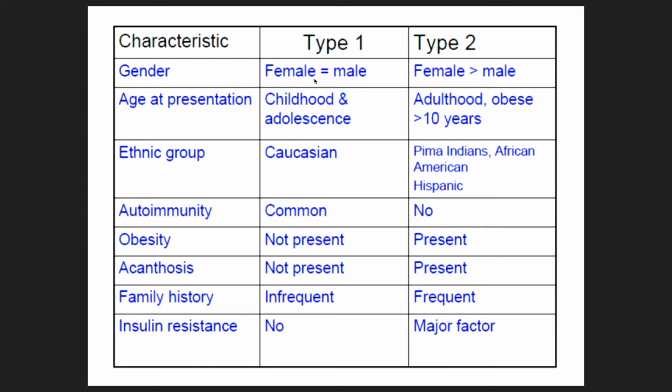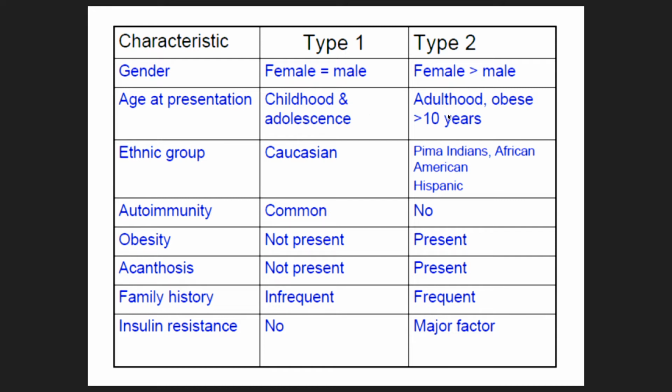Age of presentation, type 1 diabetes is not only for children and adolescents. Type 1 diabetes could happen in those not children or adolescents up to age of late 30s and early 40s, provided that they are not obese.